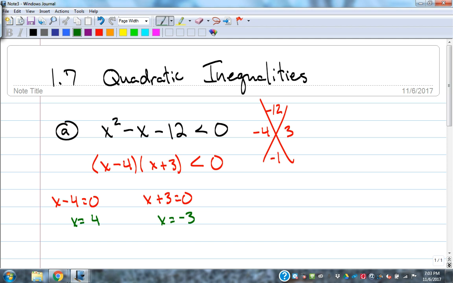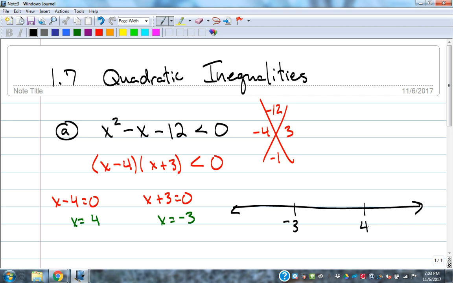What you're doing then is setting up a number line interval. This is where it's different. We got those numbers, then we set up this number line interval. -3 is here, +4 is here. That's in order left to right: smallest number on the left, biggest number on the right.